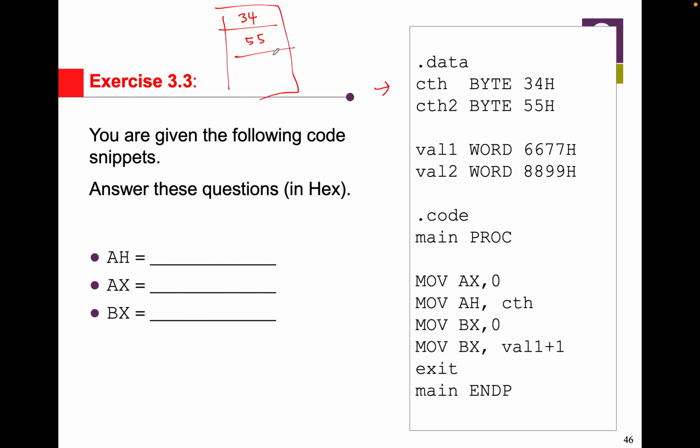Variable 1, which is word 6677, 7766, 9988, and then it sets 0 to your AX. Of course your AX will be empty at that time. Then it has CTH to AH. So you look at your CTH, it has 34, so you put here 34.